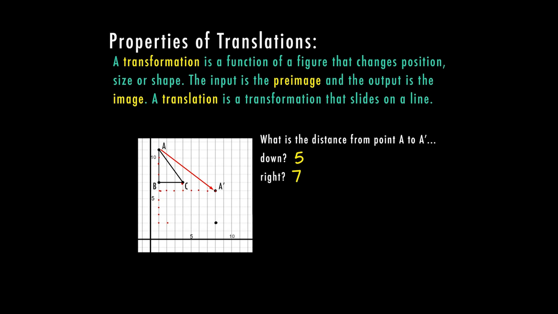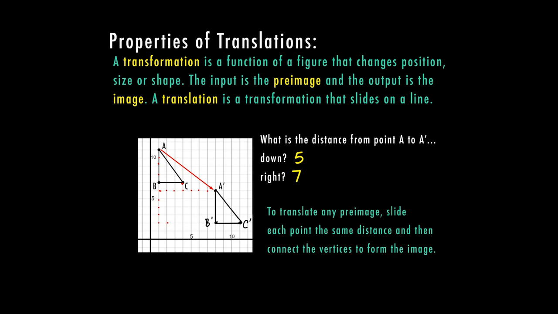Or I could look at the distance from my original B to C, and it's 3 places. And I could go over here and count 3 places from my B. So 1, 2, 3. This should be my C. So this here is my B image, and this is my C image. And when I connect these, I still end up with a triangle in a new location.